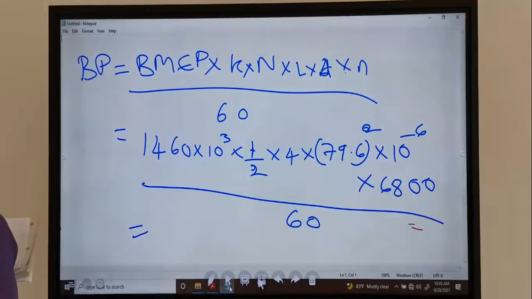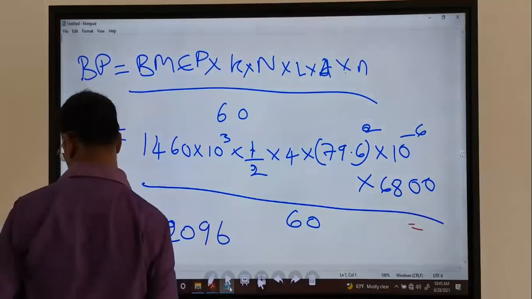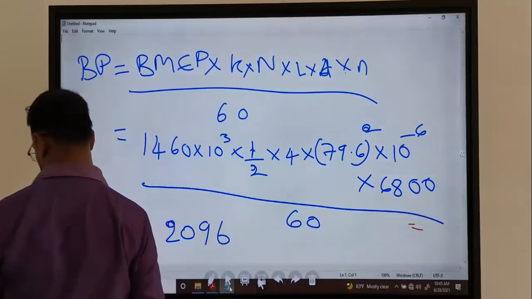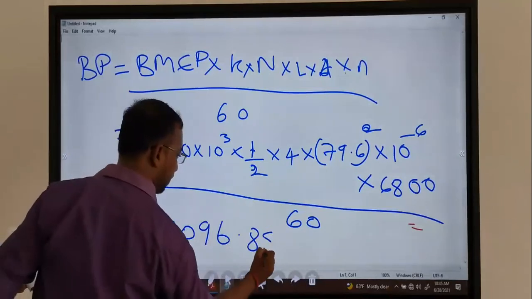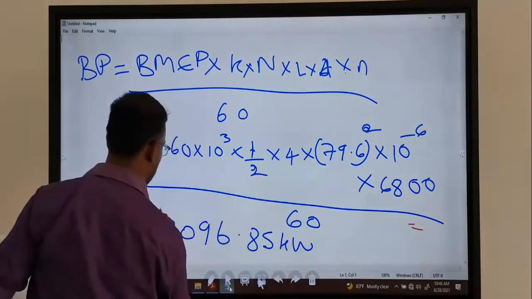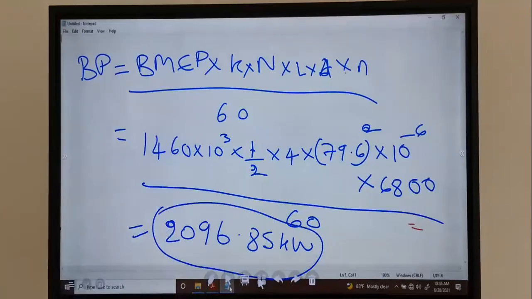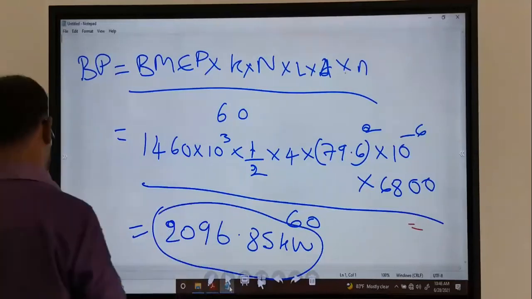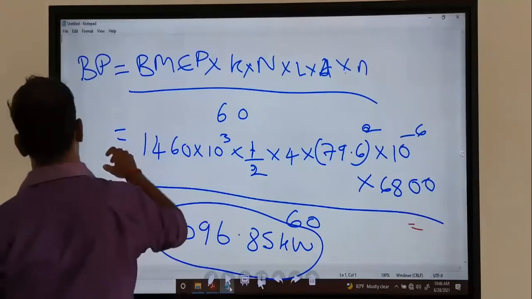So the brake power is 2096.85 kilowatt. So this is the answer. Remember this answer, because we need this brake power in the next question.